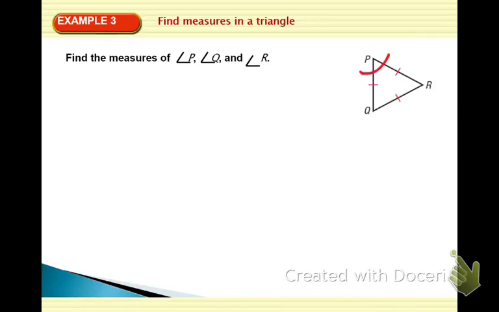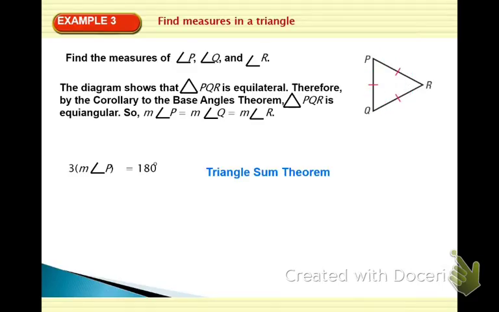So P, Q, and R are all the same. So if they're all equal, what do they have to be if they add to 180? Evan? 60. Right. They're all going to be 60. They're all equal, so you could say 3 times P, or 3 times the angle, equals 180. So the angle equals 60.